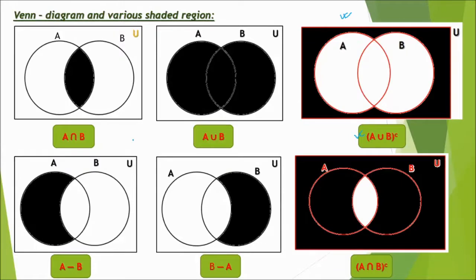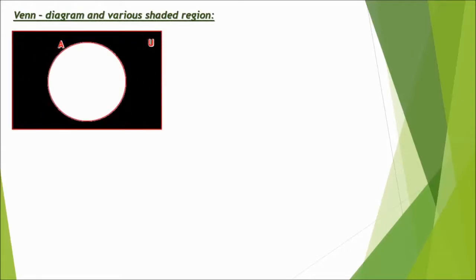Okay, let's move to another slide. Some more Venn diagrams. Venn diagram and various shaded regions, continued. If you see this kind of Venn diagram where set A is not shaded and all other parts of the universal set are shaded except A, that means it is A complement.